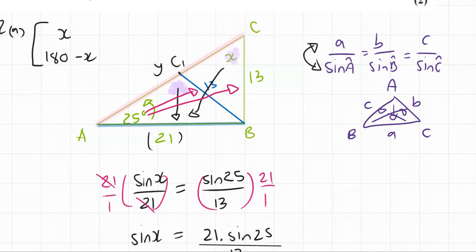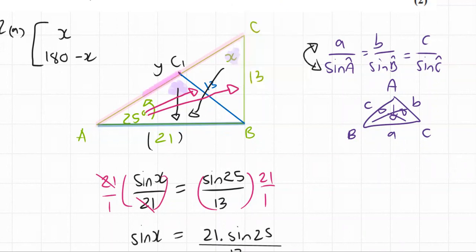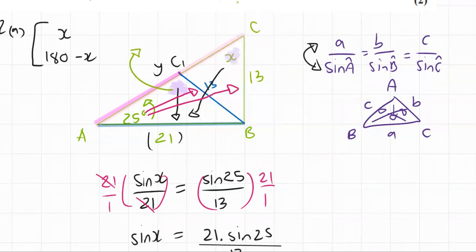So with that information, we're working with the shorter version of AC. Therefore, we're going to be looking at this obtuse angle here. So we're going to be looking at the 180 minus x version of the sine. That's what that information tells us.